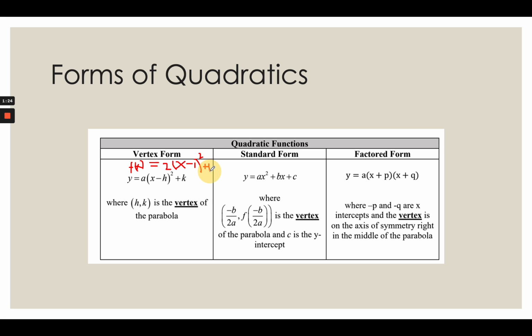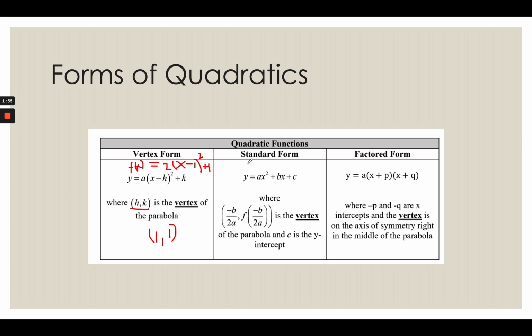Okay, that would be an example of vertex form with numbers instead of constants a, h, and k down here. So remember that h and k is the vertex of the parabola. So the vertex for this example would be 1, 1, because h was this 1 and k was a 1.